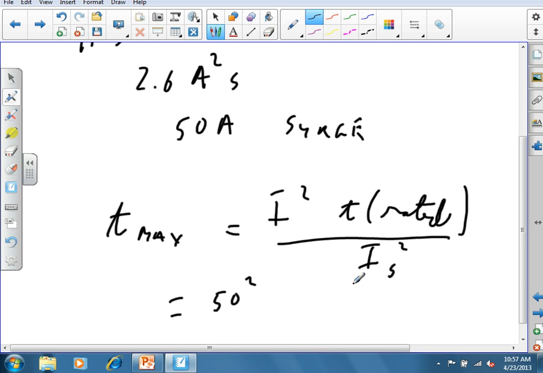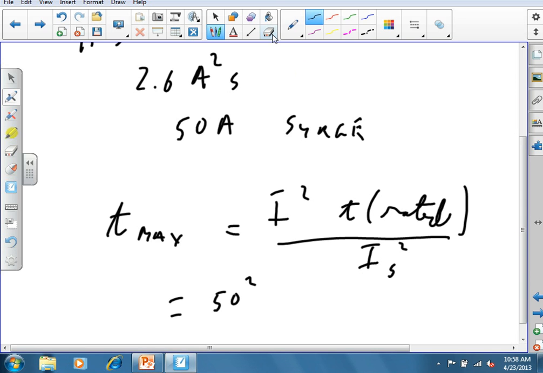It tells us the fuse rating is 2.6, and the time duration of the surge. The problem gives us both numbers, the surge and the rating. But we need three things. Oh, right.